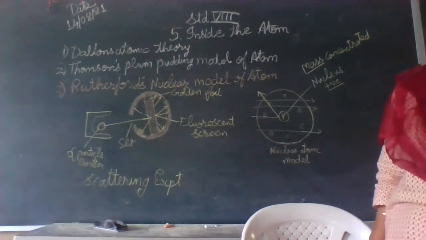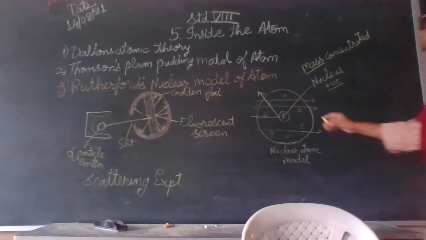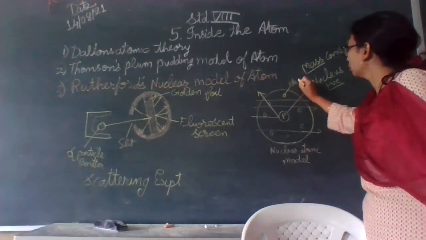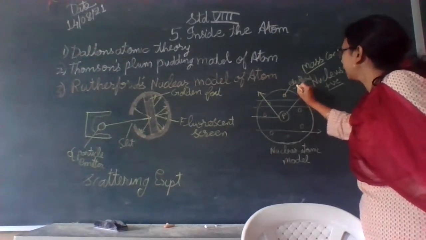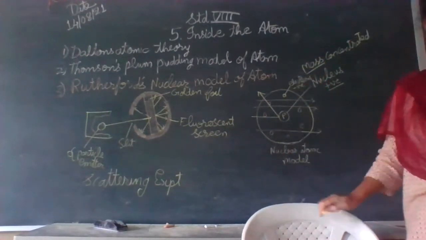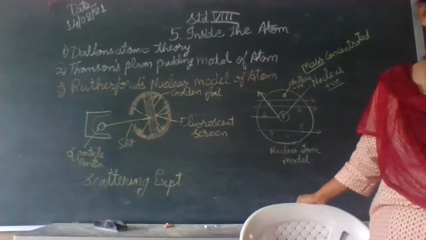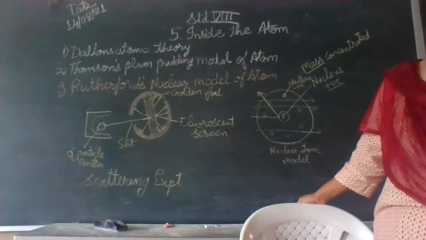Then the third thing he postulated was that negatively charged particles called electrons are moving around the nucleus.